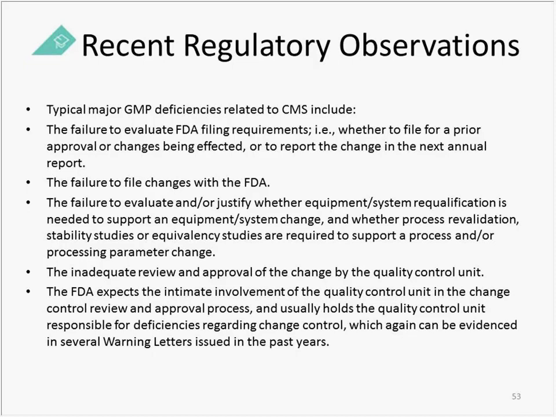That's typically a finding. Failure to file changes with the FDA altogether. Failure to evaluate and/or justify whether equipment system requalification is needed to support an equipment system change, and whether process revalidation, stability studies, or equivalency studies are required to support a process and/or process parameter change.